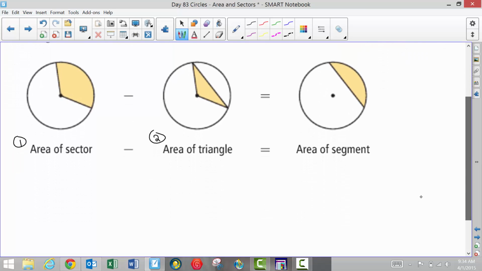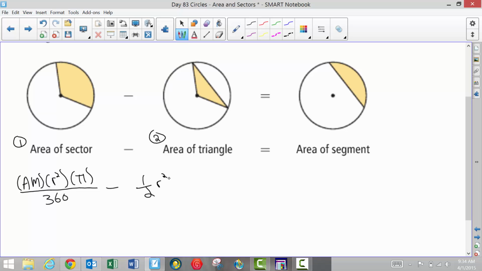So here's your formulas, okay? Area of a sector, we know that it's your arc measure times r squared times pi over 360, minus half r squared sine of the arc measure is going to equal your segment area.